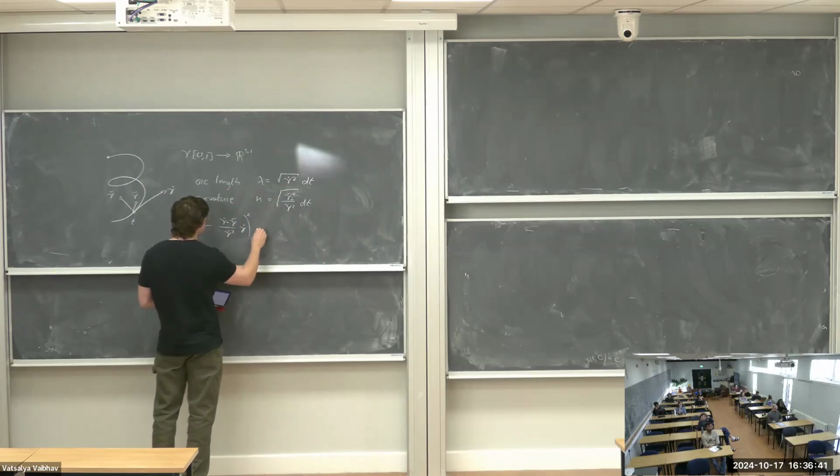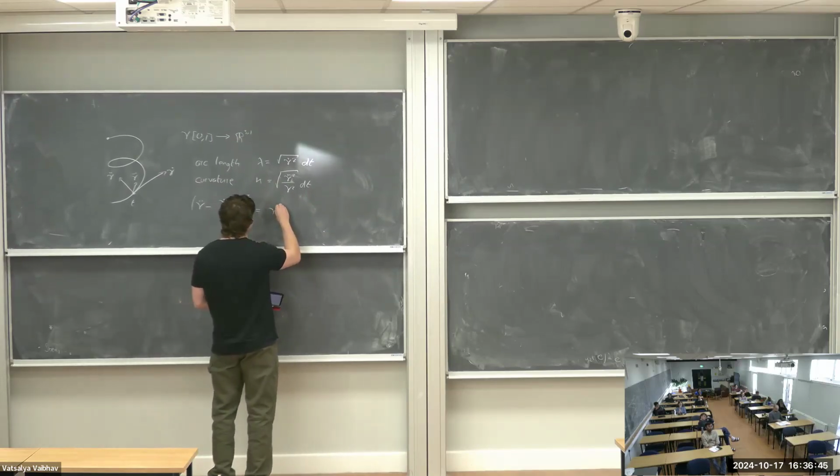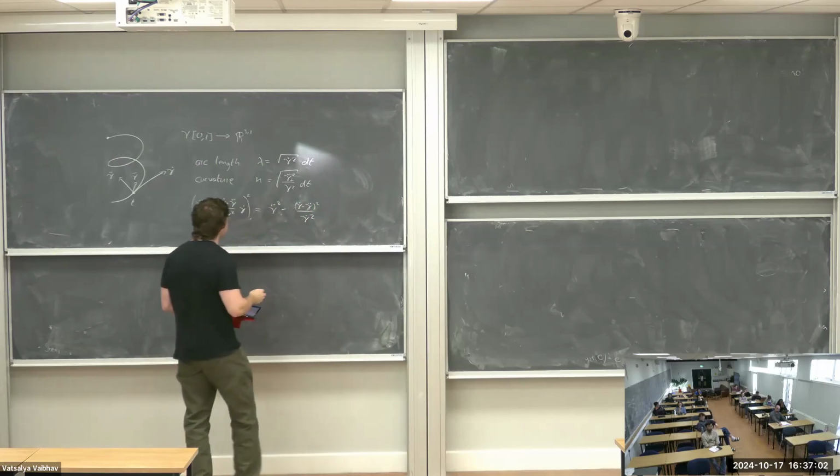If I square this, I will get gamma double dot squared minus gamma dot dotted with gamma double dot squared over gamma dot squared.